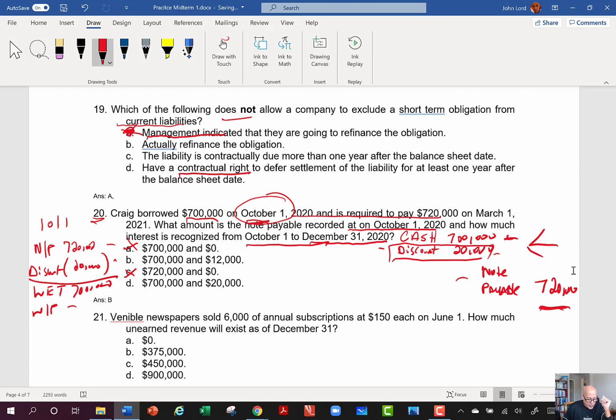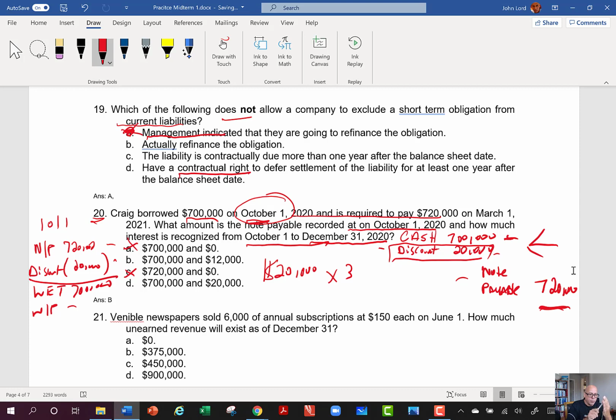So let's go ahead and take a look at how we would amortize that discount. So since the discount is $20,000 and the note, and be careful guys, count on your fingers, October, November, December, that's 3 months that have gone by, and the note is how long?